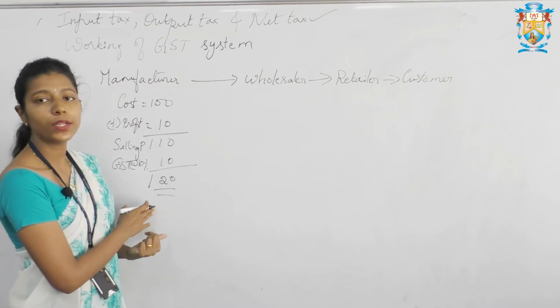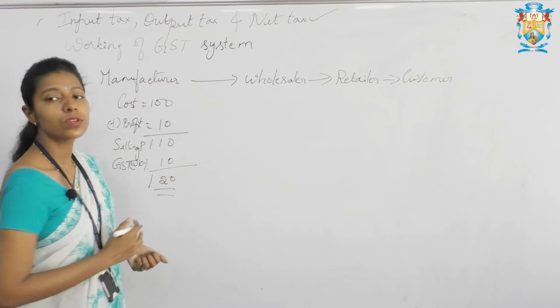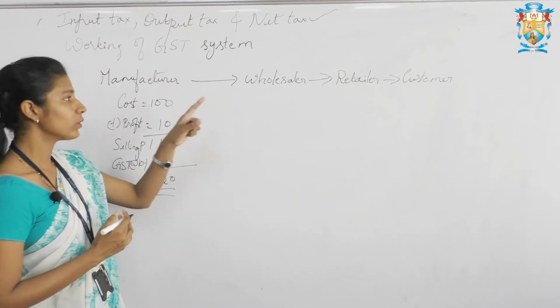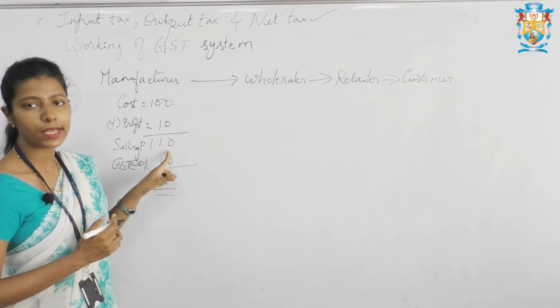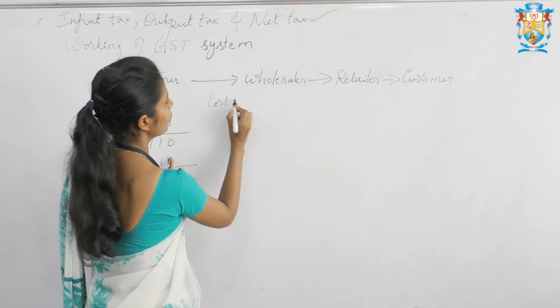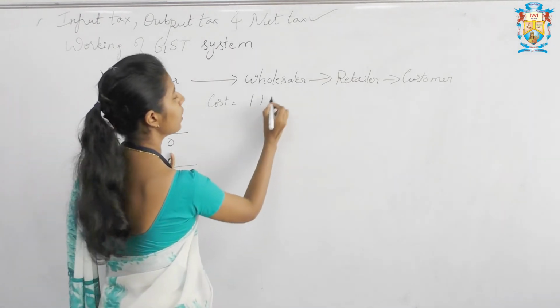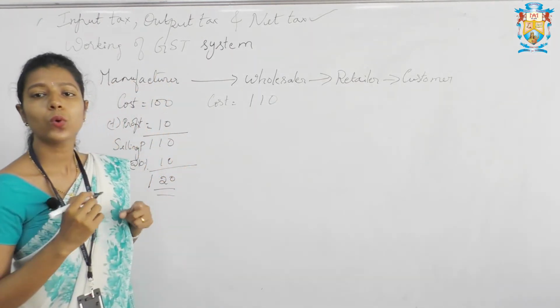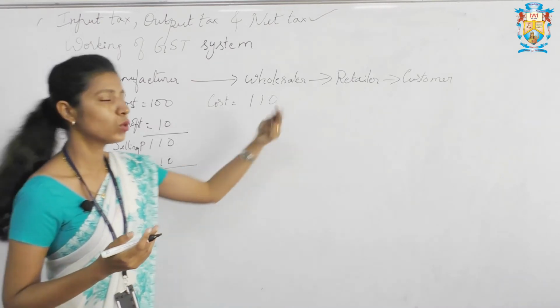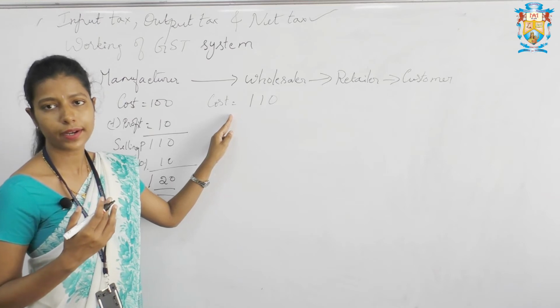Now this 120 rupees goods the manufacturer is going to sell to the wholesaler. For the wholesaler, the selling price of the manufacturer will become the cost price. So for the wholesaler, the cost price is rupees 110. Now when the wholesaler is selling the goods to the retailer, of course he will keep a profit on that 110 rupees.